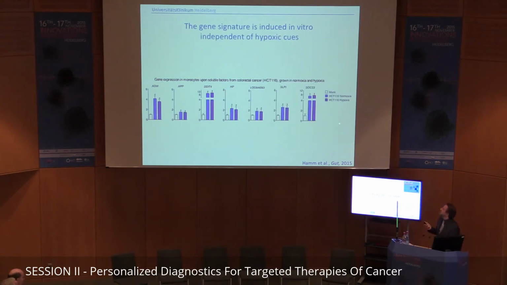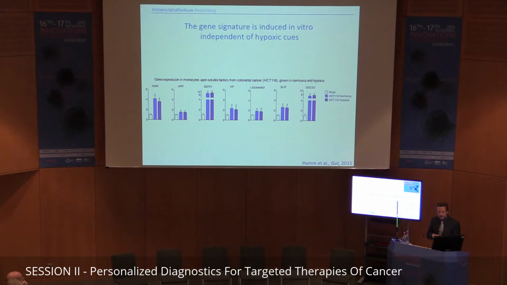We performed these assays in normoxia and hypoxia to account for the fact that growing tumors have increasing hypoxic areas, and in line with the fact that the signature was imprinted at early disease onset and not changed over the course of disease, we did not see any change in expression depending on normoxic or hypoxic conditions.